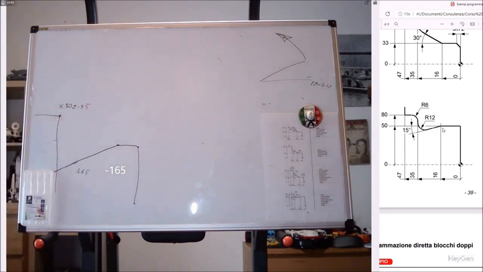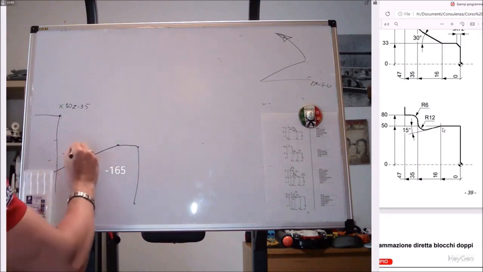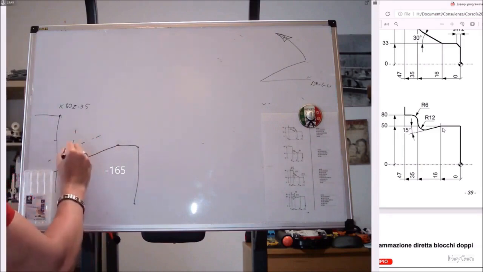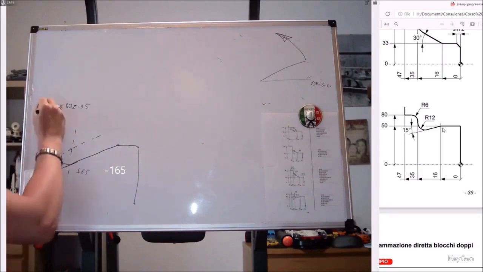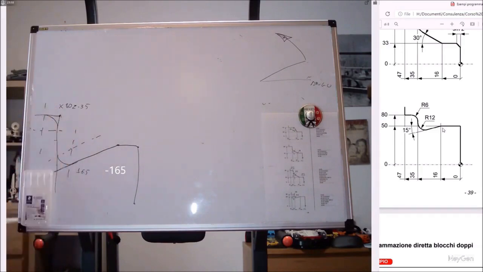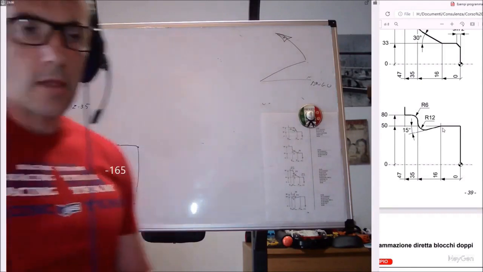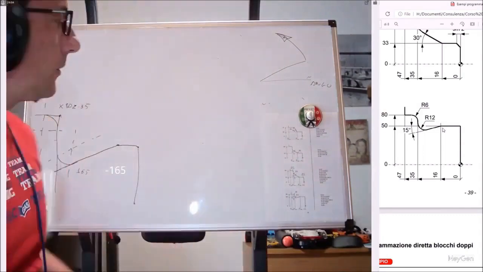You understand that I can draw it. Then, once I have done this, it won't be a problem to draw a parallel, find this point and trace the radius. This is because the machine only needs the points suitable for obtaining the drawing.